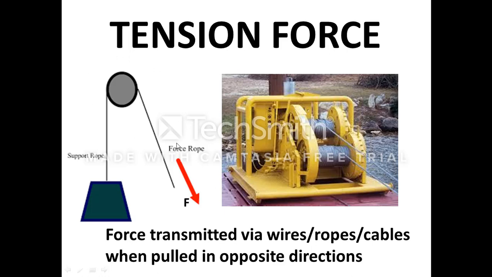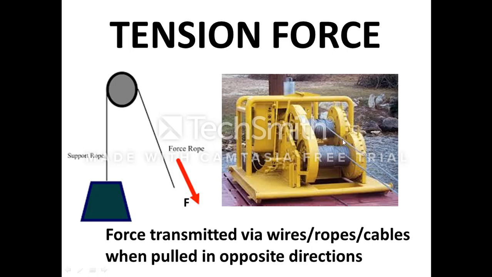For instance, in this pulley system, the rope will be pulled downwards as a result of this support, and there will be a resulting force against the pull for the rope to sustain or support the load. This type of force is what we call the tension force, and the tension force always acts in the opposite direction to the pull.